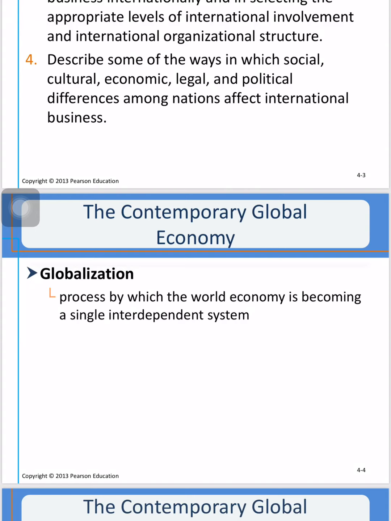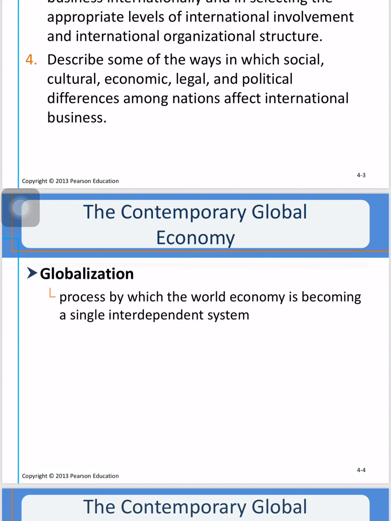You can see McDonald's everywhere. You go to Singapore, they have McDonald's. You go to India, they have McDonald's. You go to European countries, they have McDonald's. And also Microsoft. It is stated in your textbook, page 135. Apple and Starbucks are also everywhere. That is one example of a globalized firm.